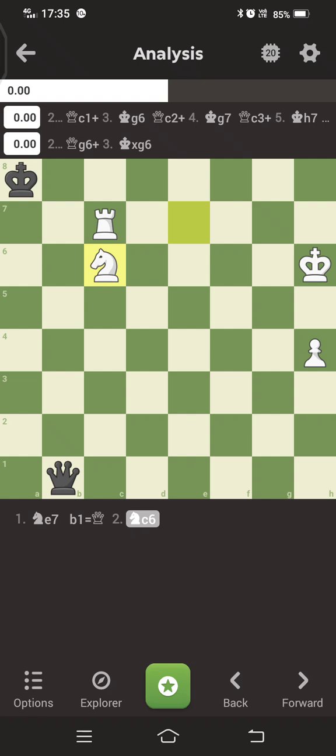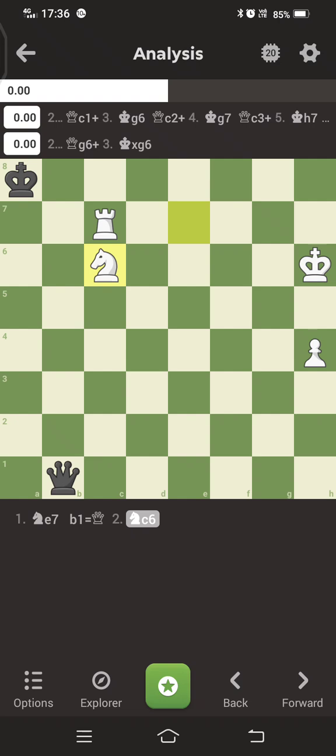Now I thought, for the next move, the queen can move anywhere, and white is going to win the game.